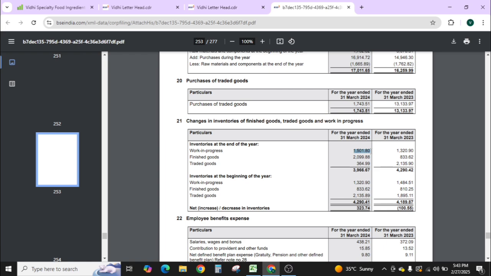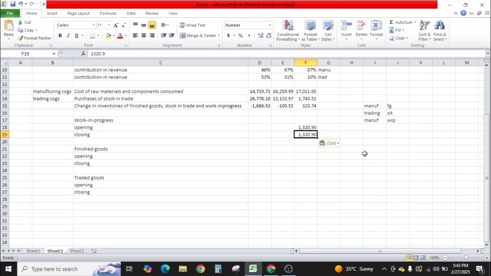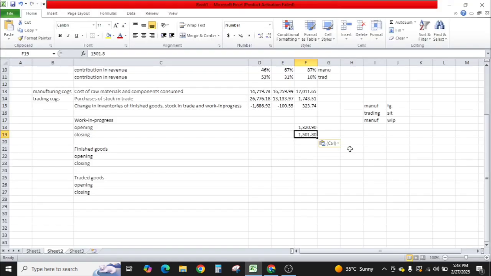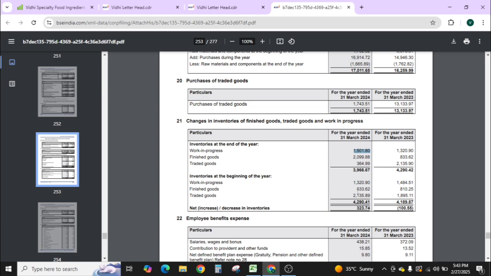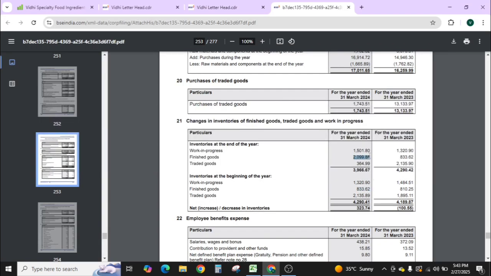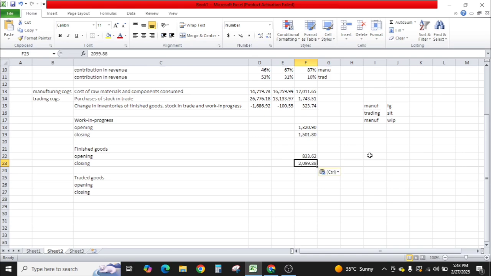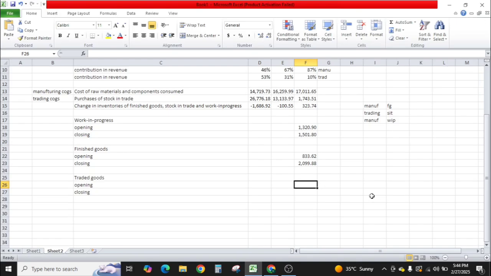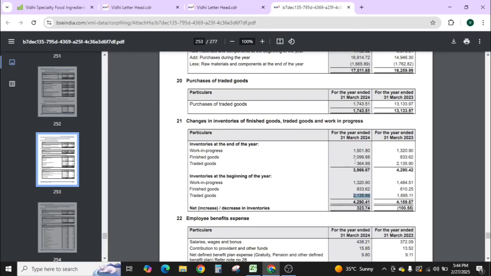Okay, now same for finished goods, opening will be this and closing will be this. For traded goods, opening will be this and closing will be this.